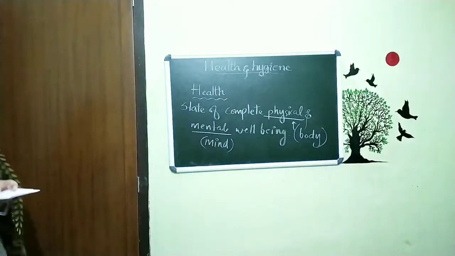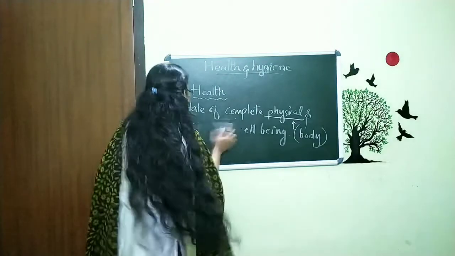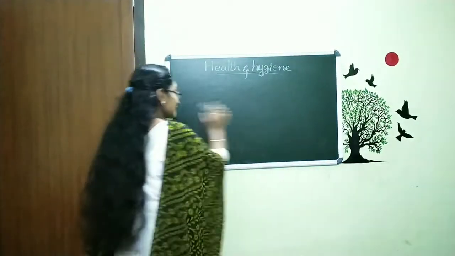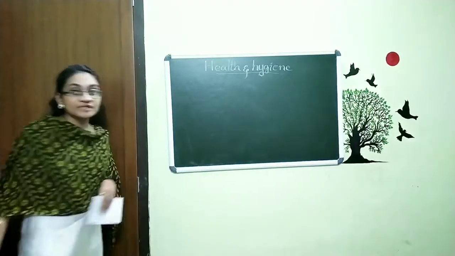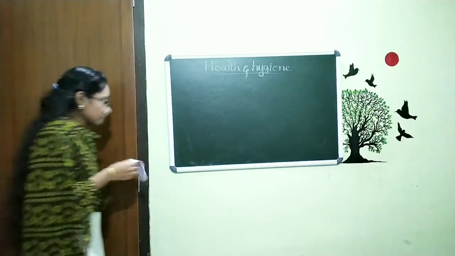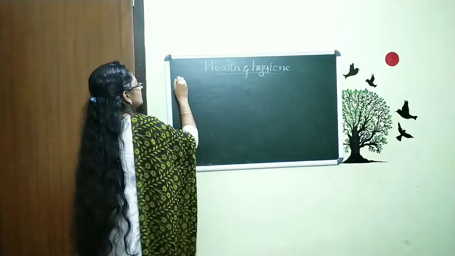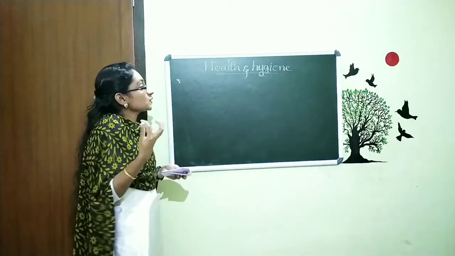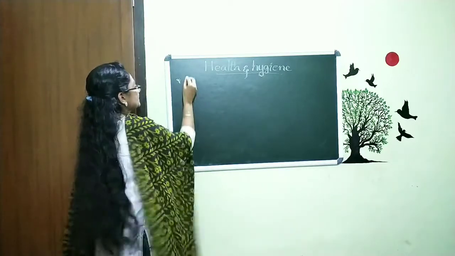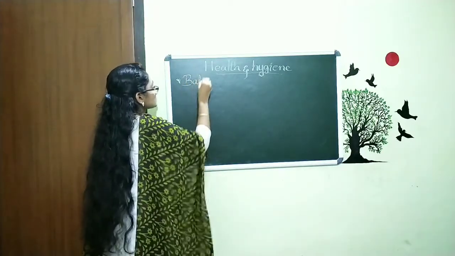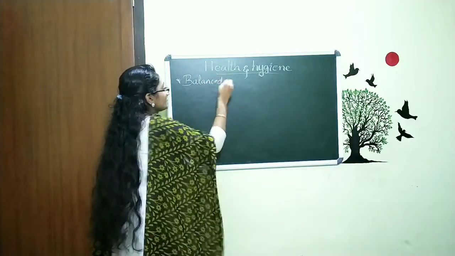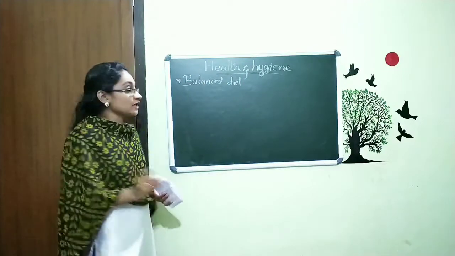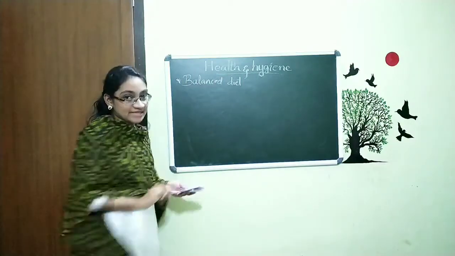Now the next question is, to stay healthy, what do we want to do? What are the things we want to do to be healthy? That is the question. For that, first of all, we want to keep a balanced diet.